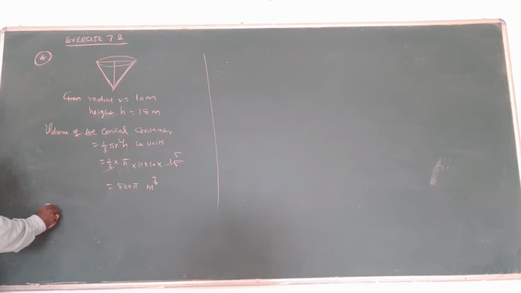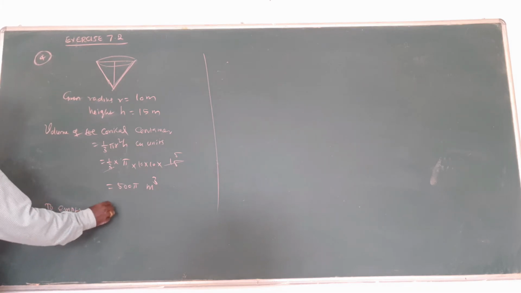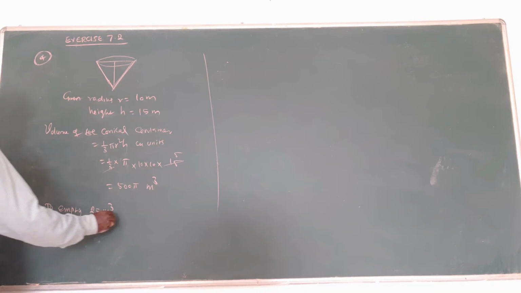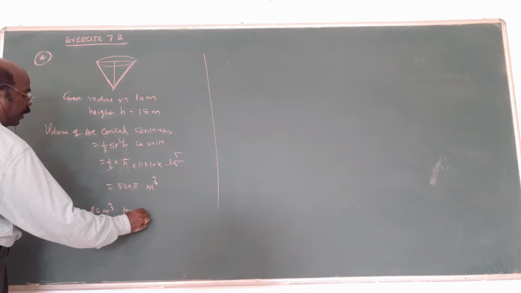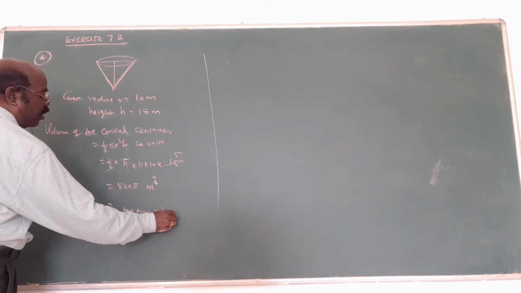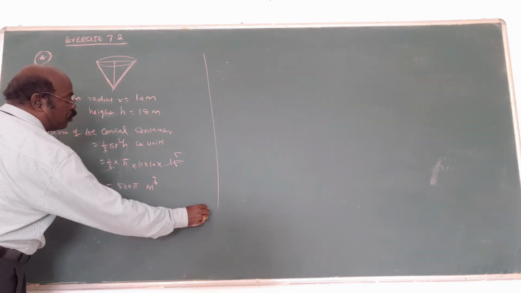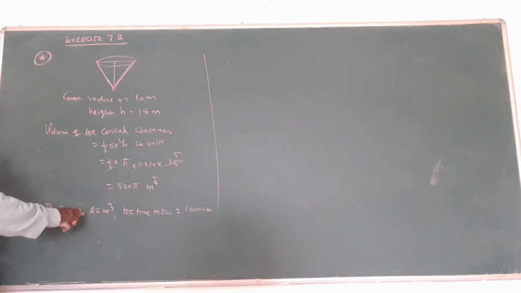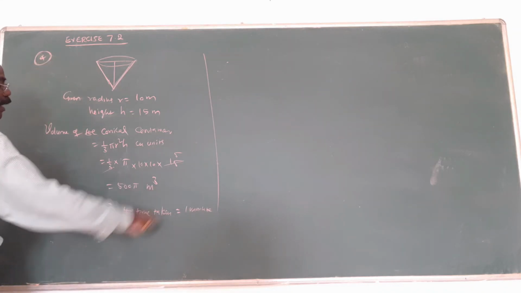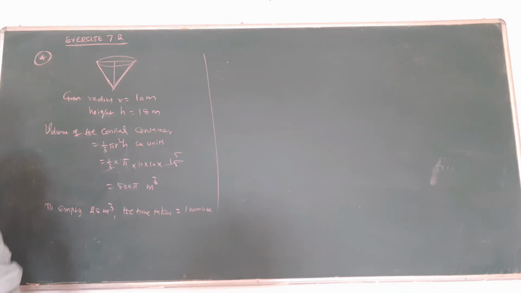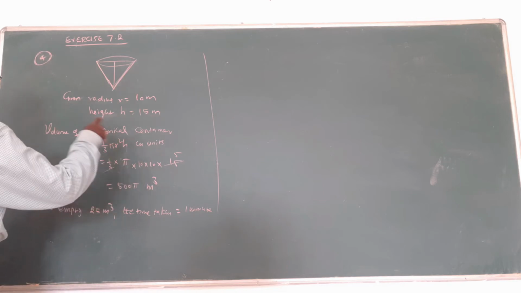To empty 25 meter cube, the time taken is 1 minute. This is clearly given in the question. We want 500 meter cube.